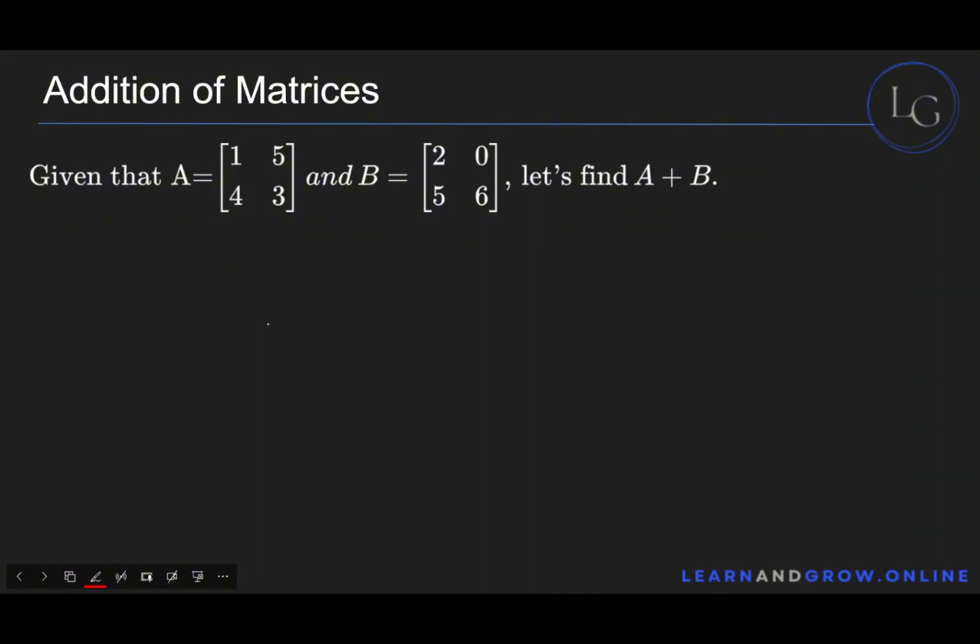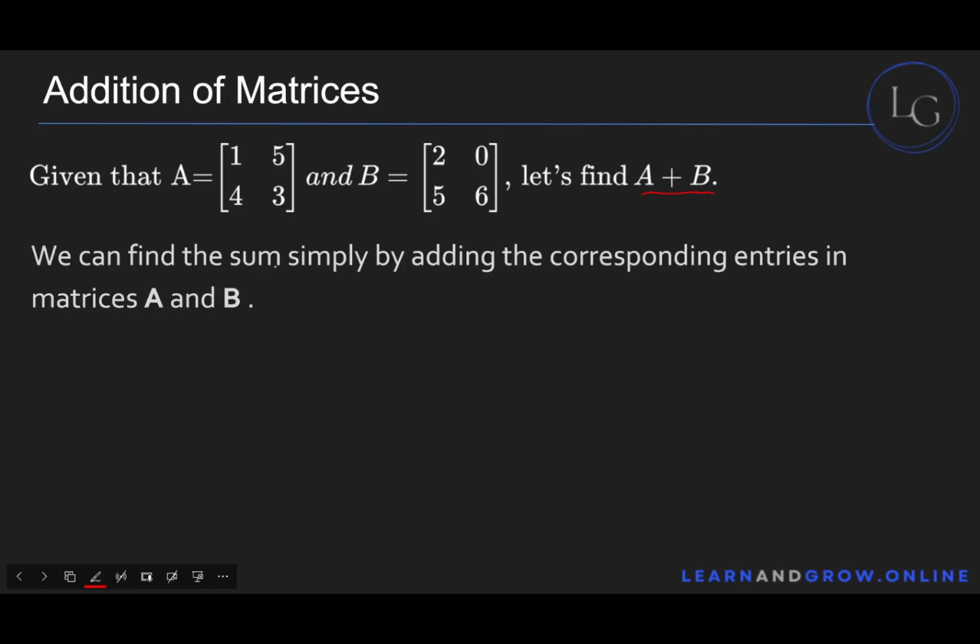Now, see this example here. We have to add A and B. We have to find A plus B. Now, first, we must make sure that they have the same order. A is of the order 2 by 2. B is also of the order 2 by 2. So indeed, they can be added up. Now, we have to find the sum by adding the corresponding entries.